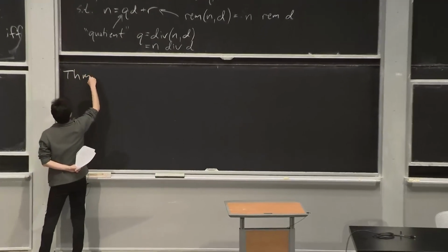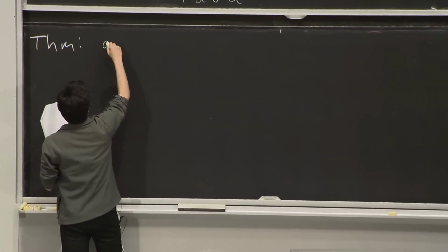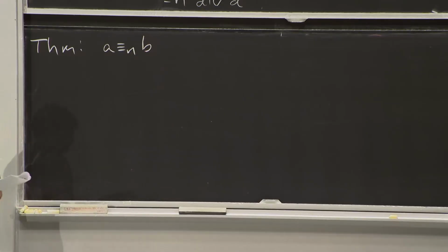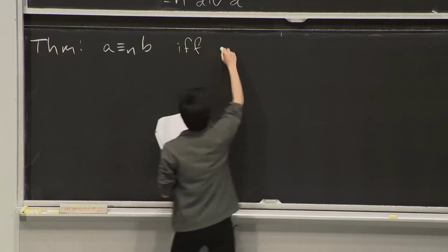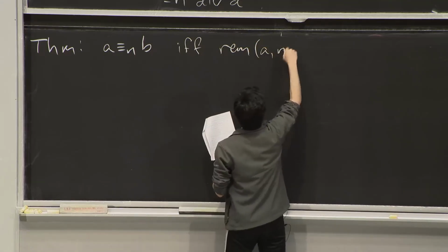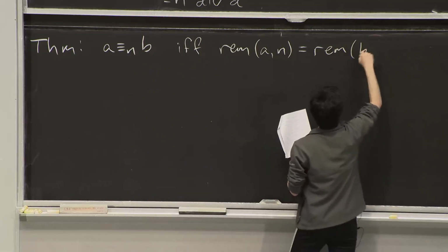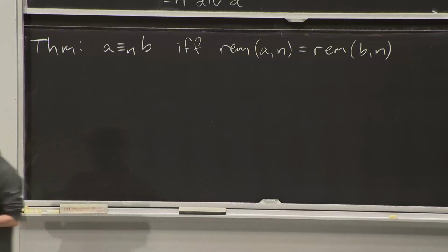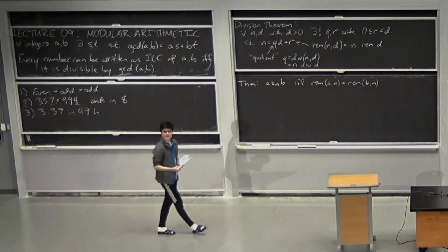So the following theorem is quite useful. A and B are congruent modulo n if and only if the remainder of A comma n is equal to the remainder when you divide B by n. Okay. So how might we prove this rigorously? Any ideas?